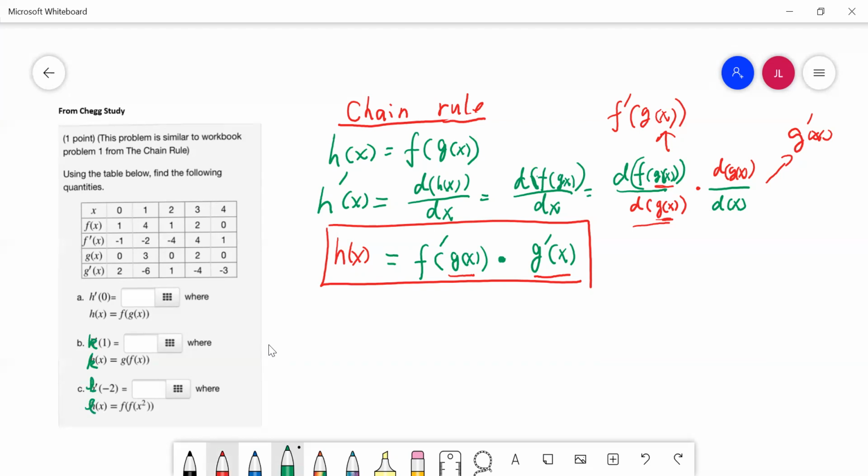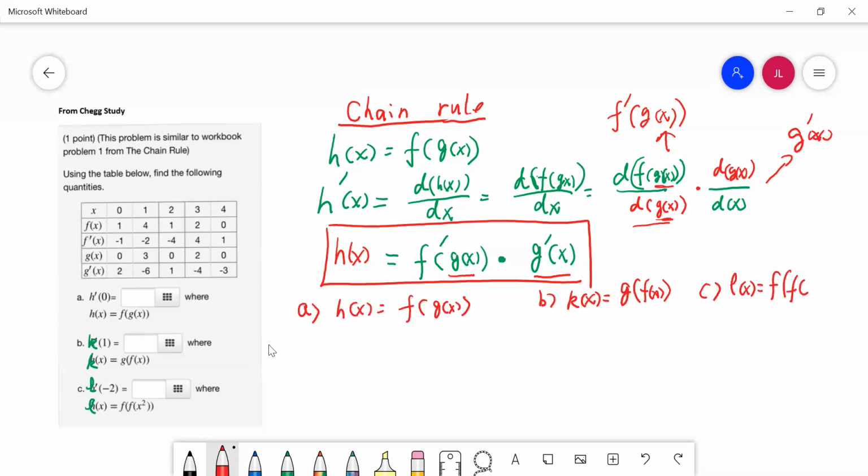So I'm going to write the ABC here. A: h(x) equal to f(g(x)). B: k(x) equal to g(f(x)). C: L(x) equal to f(x) squared.